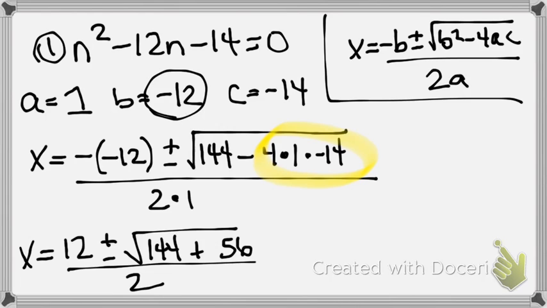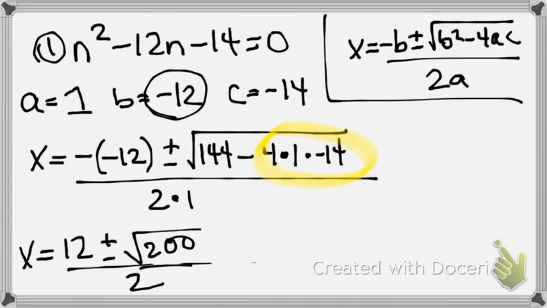So what is 144 plus 56? Is it 200? Yeah. You sure, Melissa? I did it in my head. Okay, so that turns into the square root of 200. If you take the square root of 200 on your calculator, do you get a decimal?